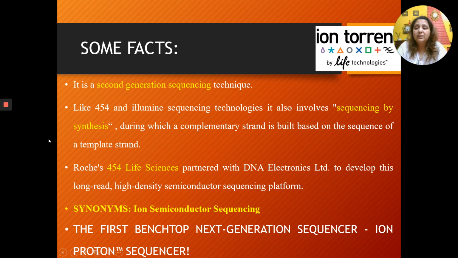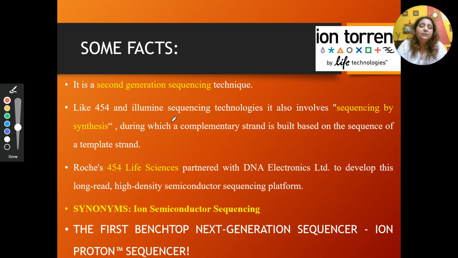There is a spelling error. It is not Illumini, it is the Illumina sequencing. So here is Illumina, not Illumini. So it is similar to the 454 and Illumina sequencing in one of the aspects. And what is that aspect? That there is sequence by synthesis.